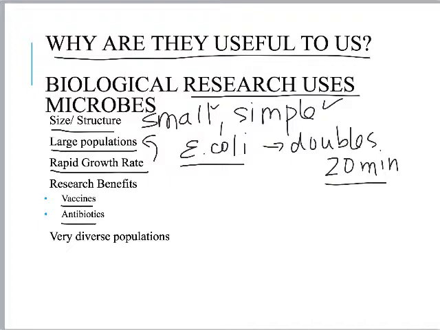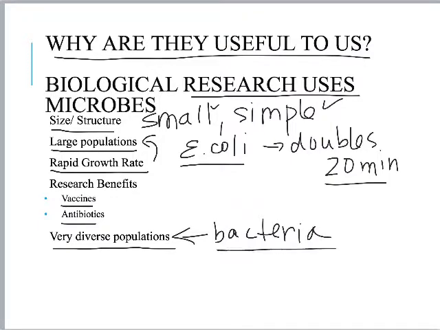Another thing that's unique about microorganisms is that they're extremely diverse. Humans and animals are all pretty similar in how we get our food and how we use nutrients. Bacteria are super diverse. They don't all go through cellular respiration the same way. They can be found all over the place.